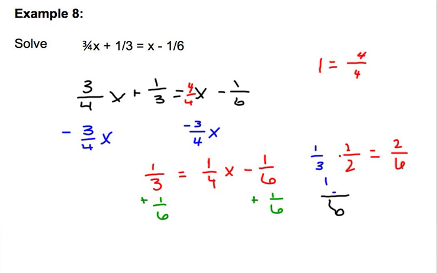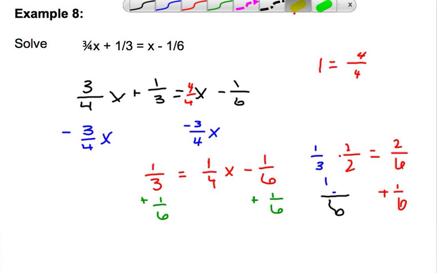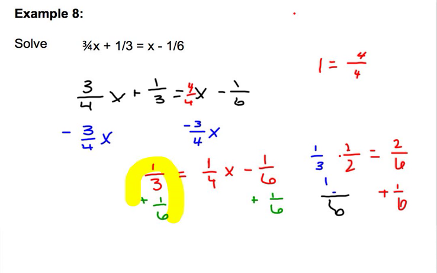So now I've got 2 over 6 plus 1 over 6, right? That's this part right here. I'm going to highlight it so that we're not confused. It's just a little harder to see when you're doing algebra. This part right here is this section over here. Okay?